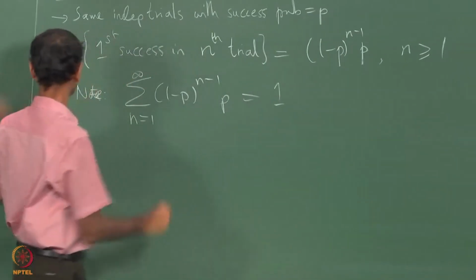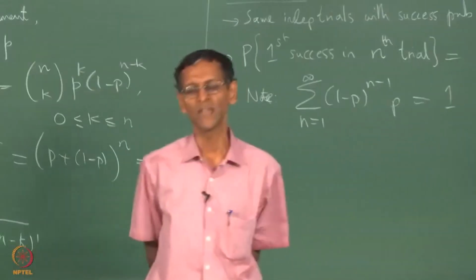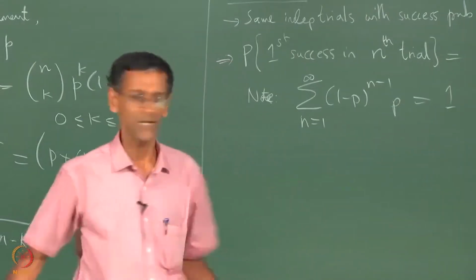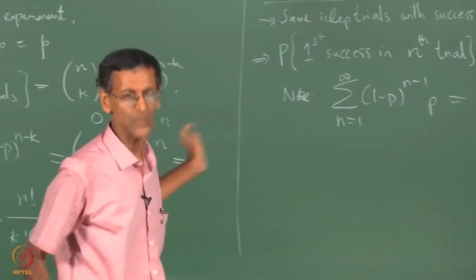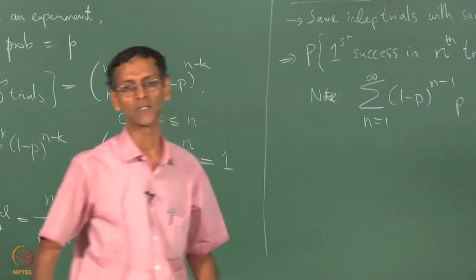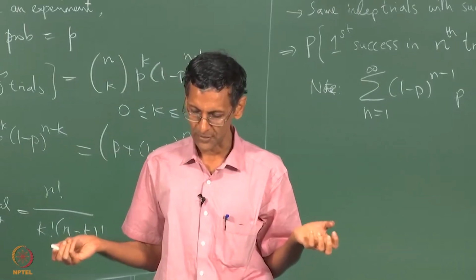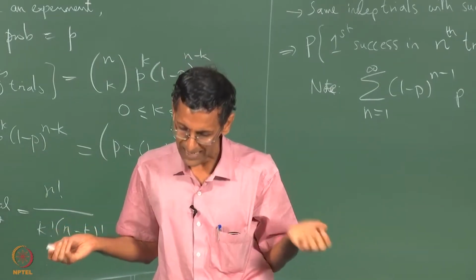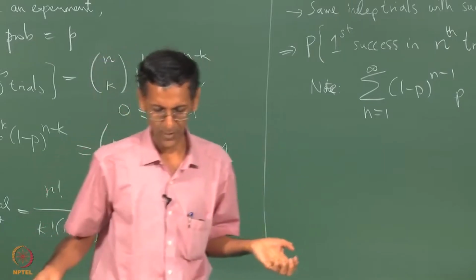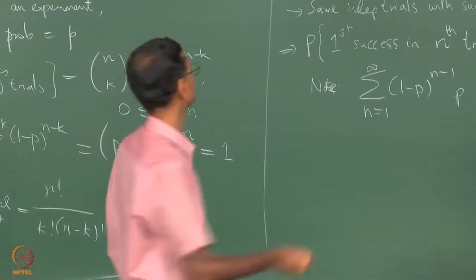Now let us see, there is one common thing between these two. Basically there obviously has to be some commonality between the two models, and that is the answer to this question. What is the probability there is no success in the first m trials? I want to use a different number.